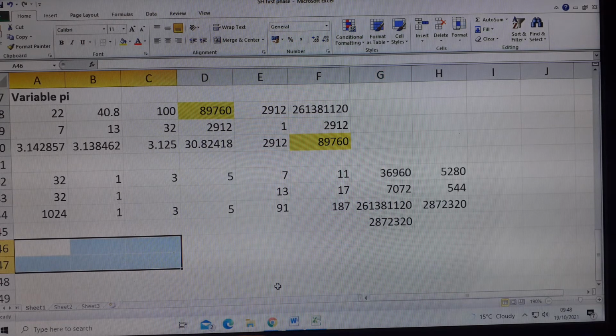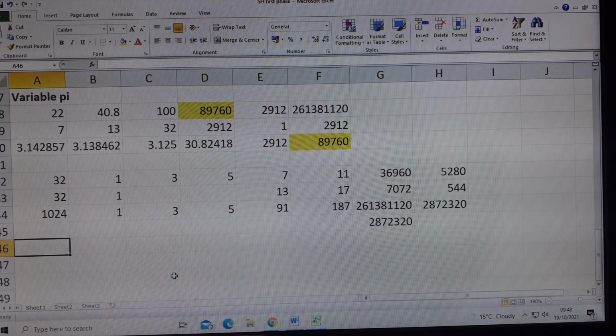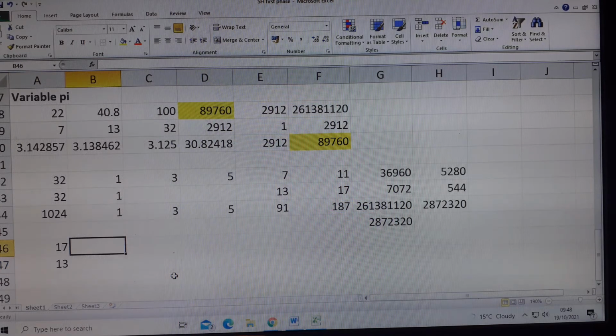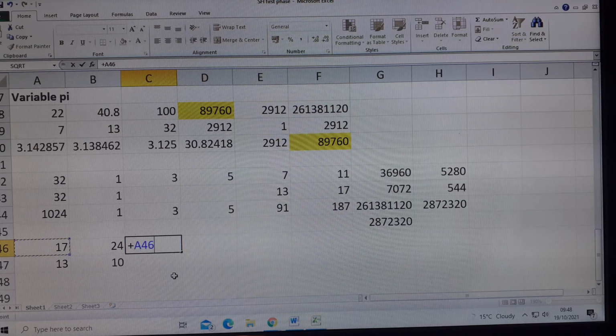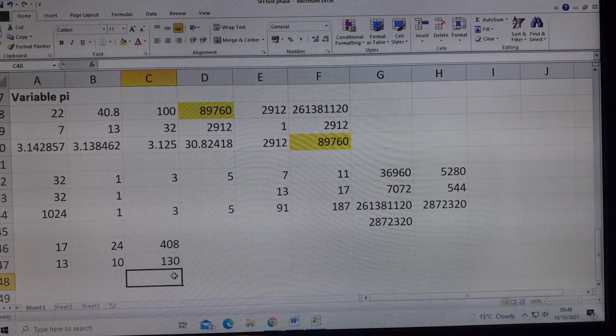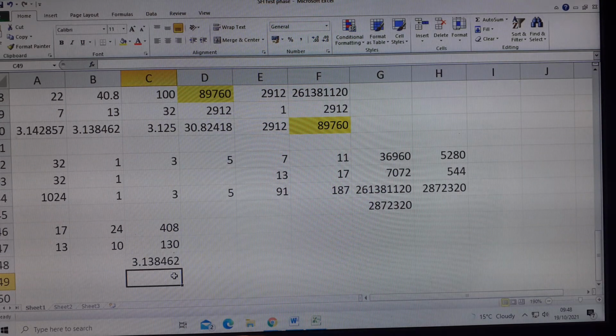And we know that Thom pi is 17 divided by 13 multiplied by 24 divided by 10. That's Thom pi that we've been using.